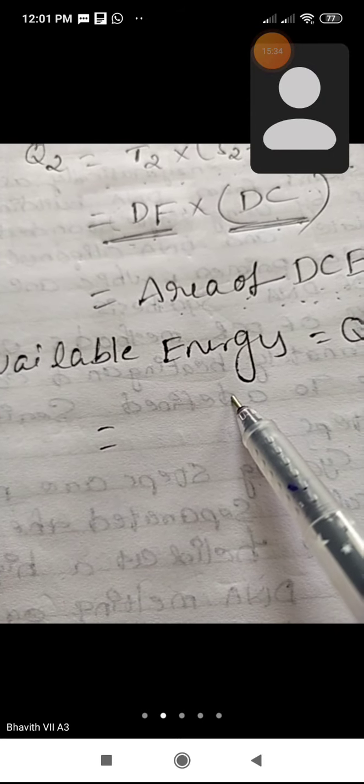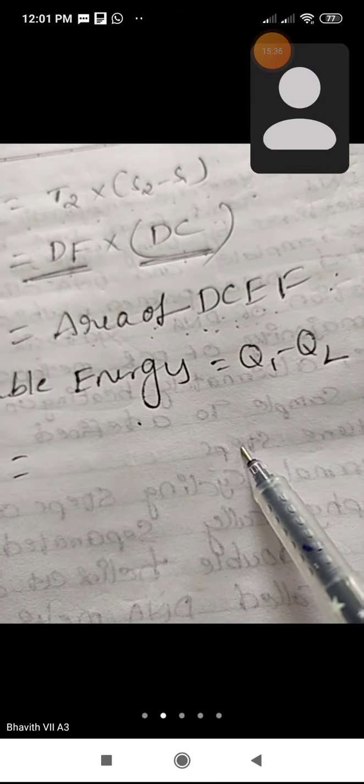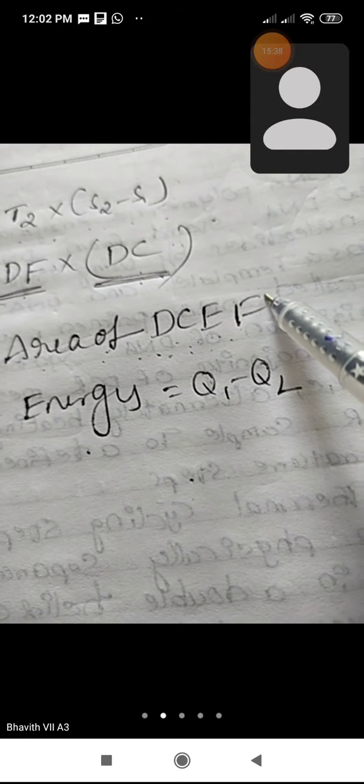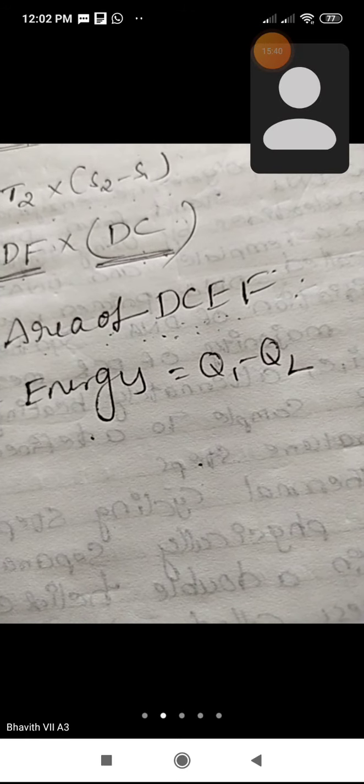Now, what is the formula of available energy? Available energy is the difference between the heat absorbed by the system and the heat rejected by the system.